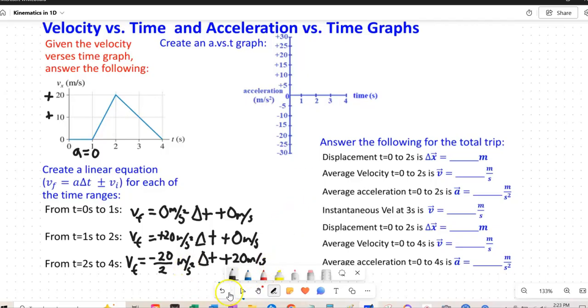Actually, this acceleration is going to be a positive 10 meters per second squared. I'm going to write this off to the side.